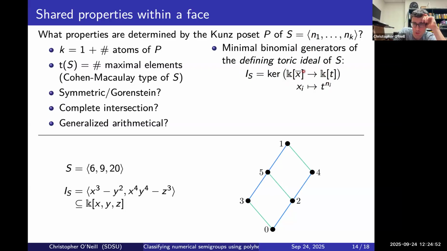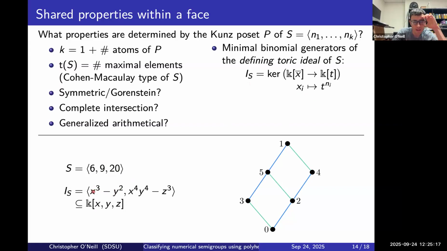So we're going to look at the kernel of that ring homomorphism. That's going to be some ideal. And in particular, it's going to be generated by differences of monomials. And there's a nice way to think about each of those differences of monomials in semigroup land. So for example here, x is being sent to t to the 6th, y is being sent to t to the 9th.